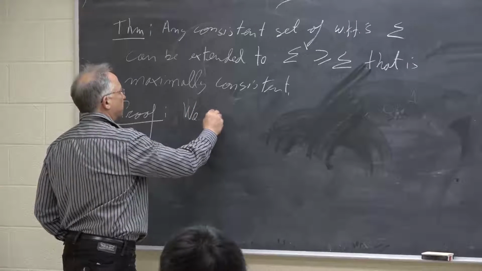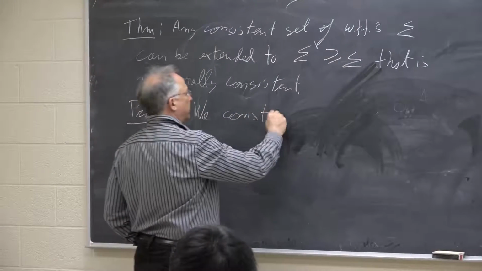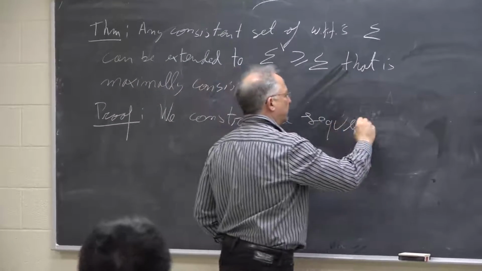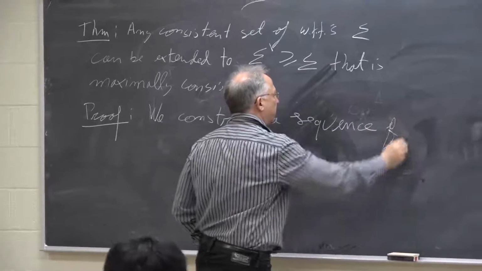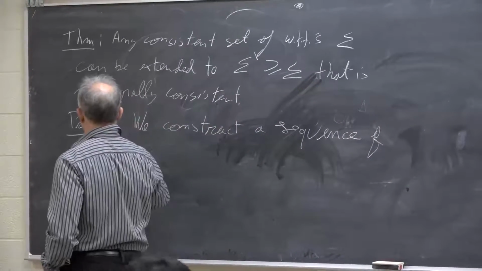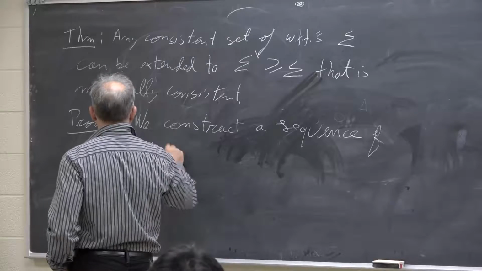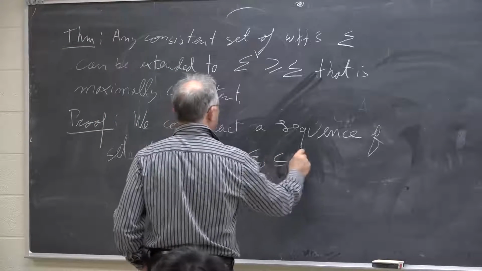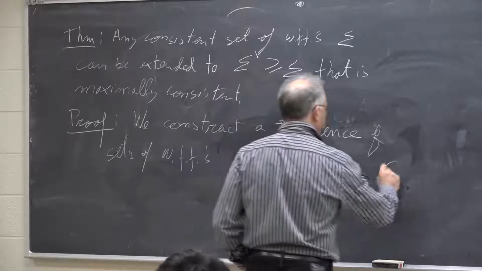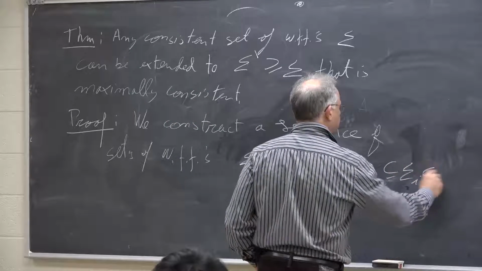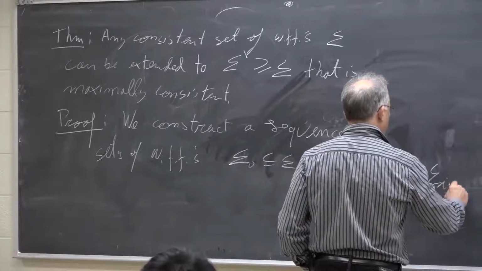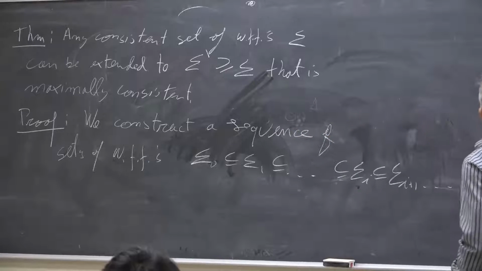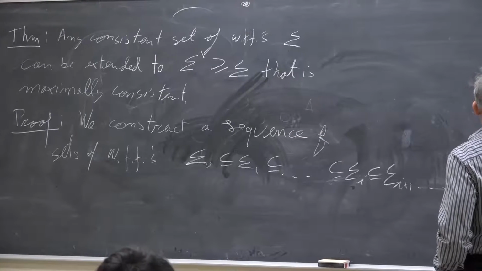We construct a sequence of sets of WFFs sigma 0, subset of sigma 1, and so on, subset of sigma I, which is a subset of sigma I plus 1 for all I, such that we satisfy the following requirements.